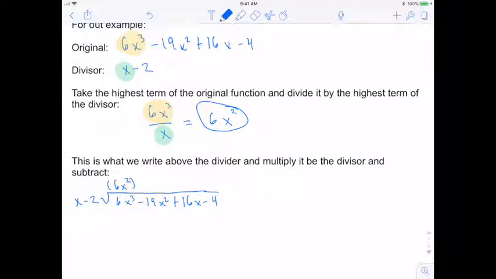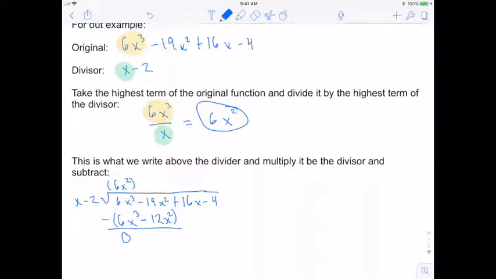Okay, 6x squared times x is 6x cubed. 6x squared times negative 2 becomes minus 12x squared. And now we subtract these two things from each other. 6x cubed minus 6x cubed is 0. Negative 19x squared minus a minus becomes a plus.